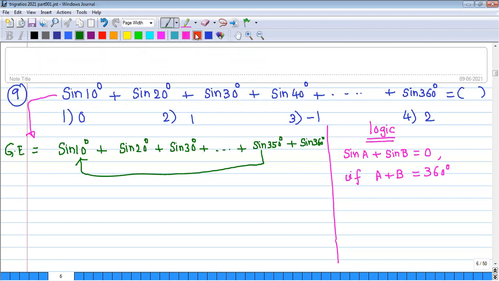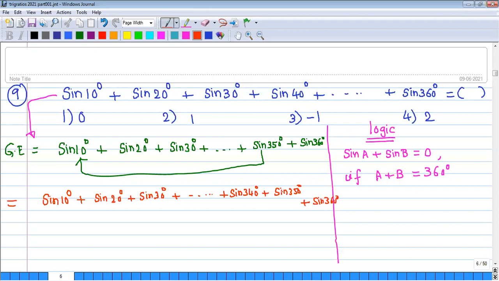We can write like this also. Let me write: sin 10, sin 20, sin 30, and so on, sin 340 plus sin 350 plus sin 360.